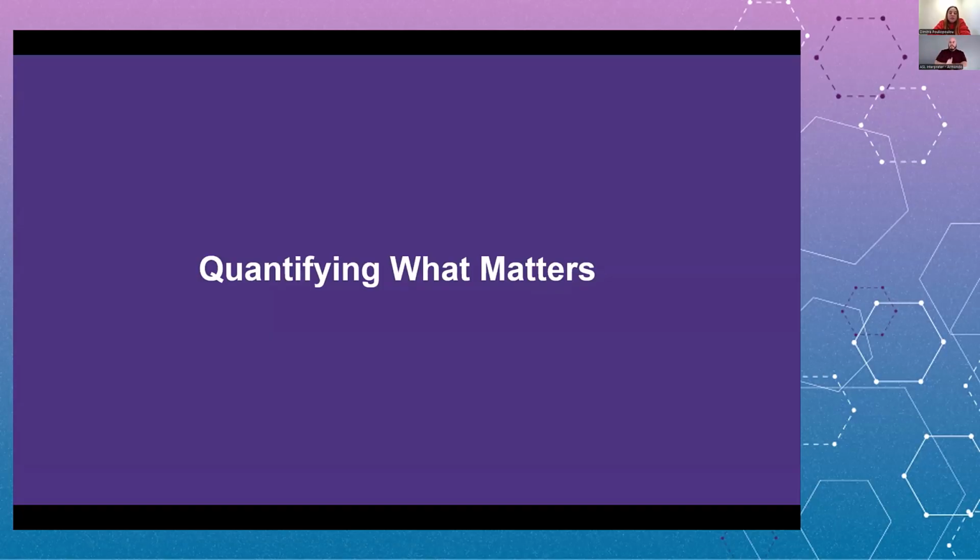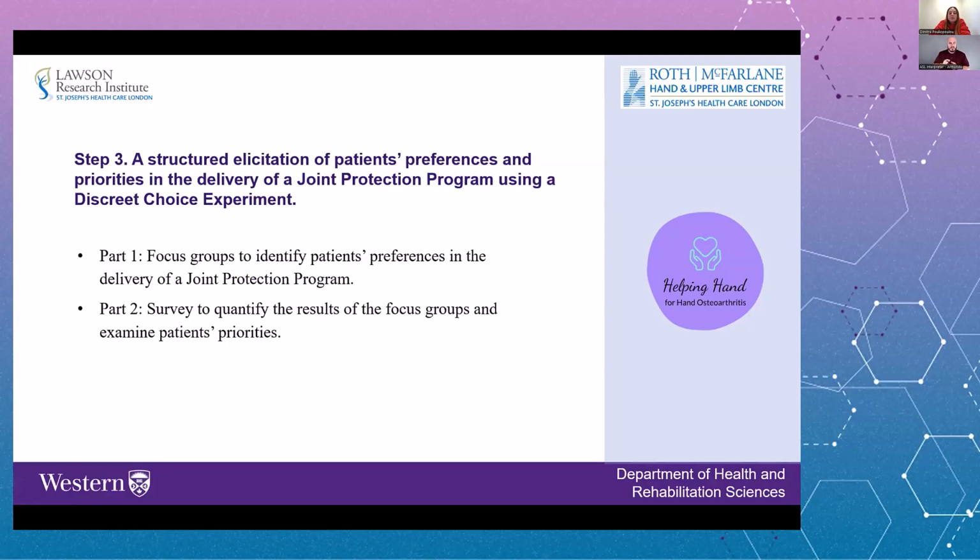To do that, we used a discrete choice experiment, or DCE, which is a structured method where participants choose between hypothetical program options that vary across features like session format, support, and level of clinician interaction. It is a unique way that allows us to assess patients' priorities and trade-offs.